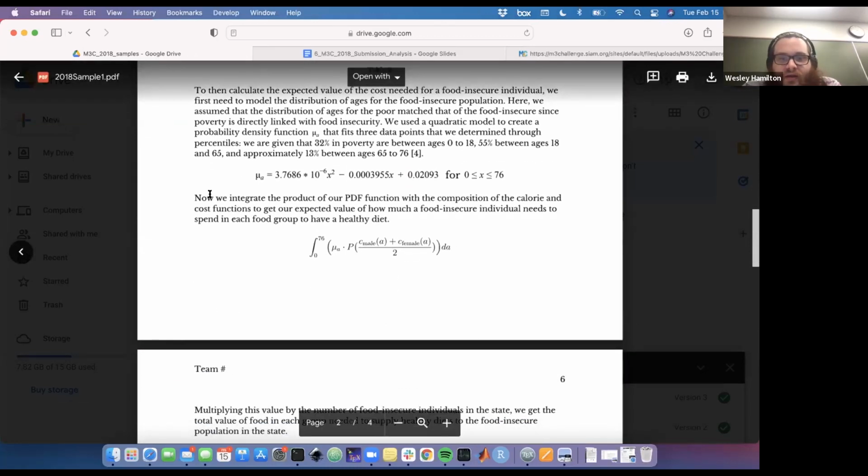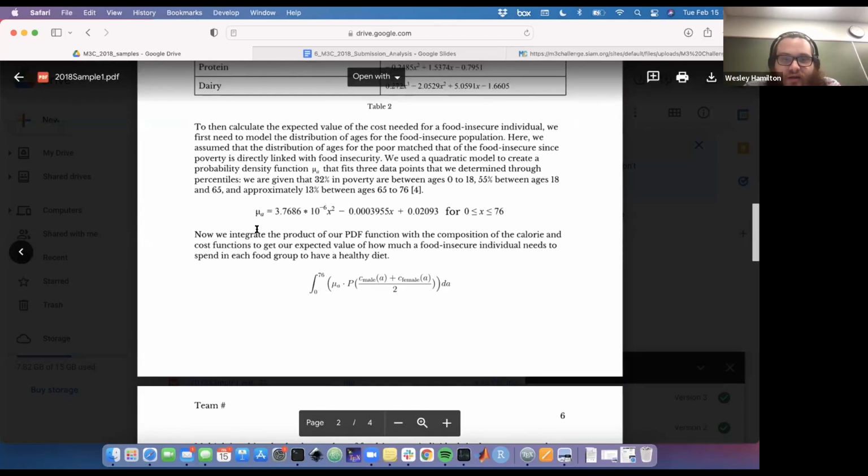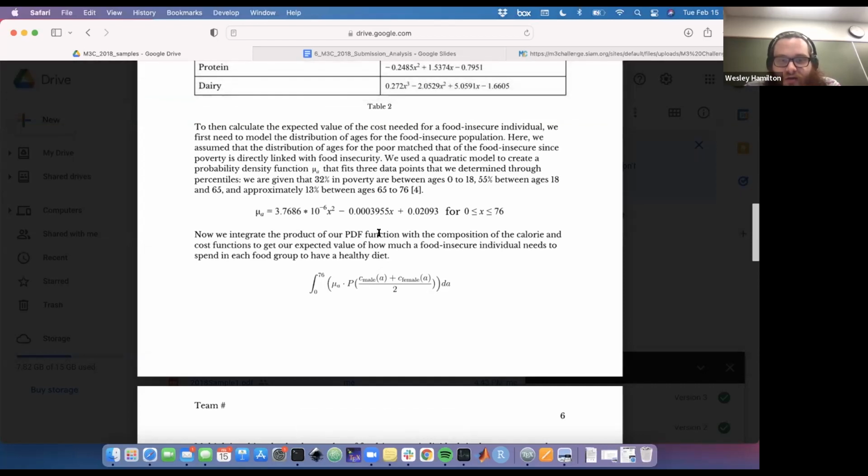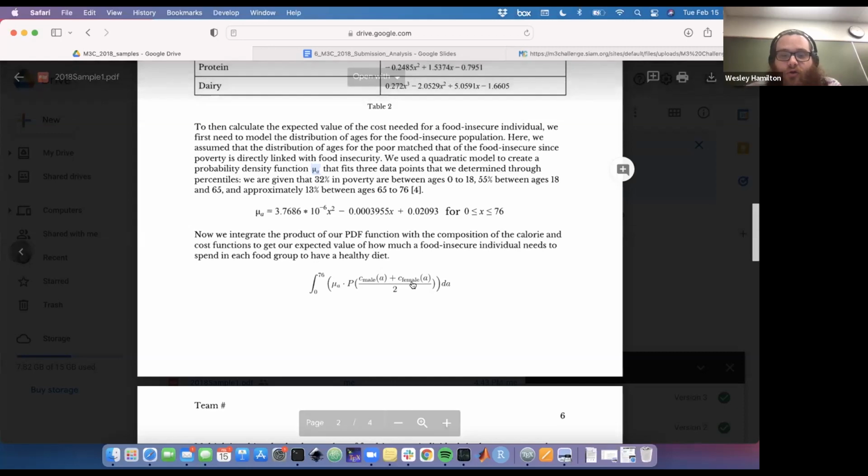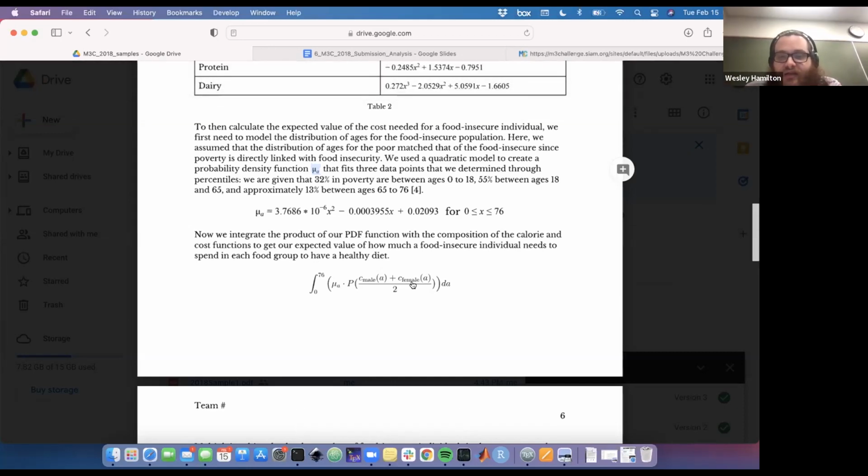Okay. And so then they say, well, now we integrate the product of the probability for where people are, the proportion of those in poverty or food insecure, with the price per calorie on average for male and female. And then this is going to give you a sense of the total amount of money needed to feed this food insecure population.